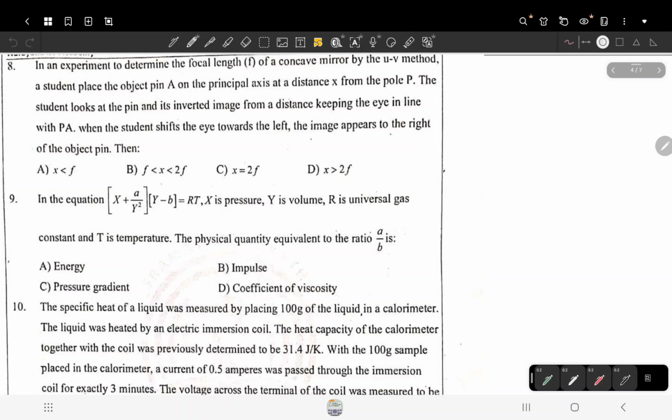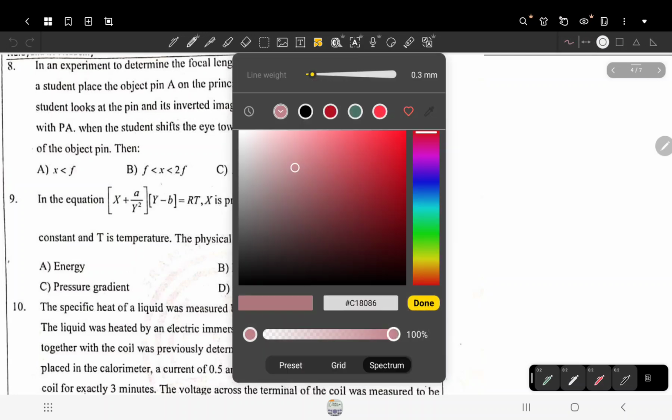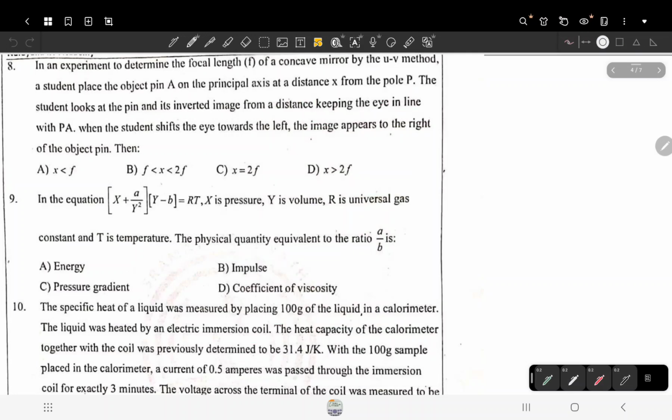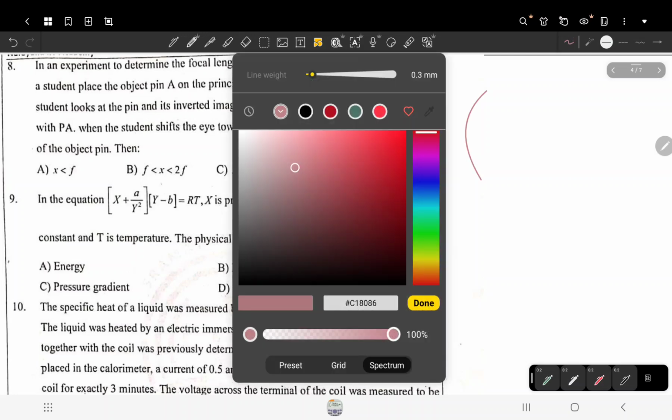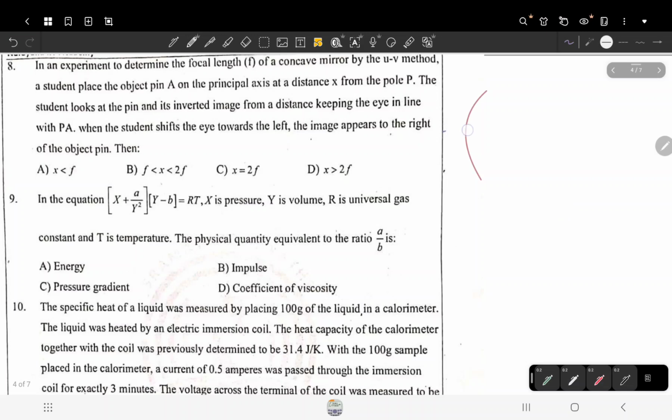Let's draw the diagram and let's try to understand. So let's say it's a lens. Sorry, that's a mirror. Let's say that's a mirror and let's say it's the principal axis, and there is an object on the principal axis at a distance of x, right?